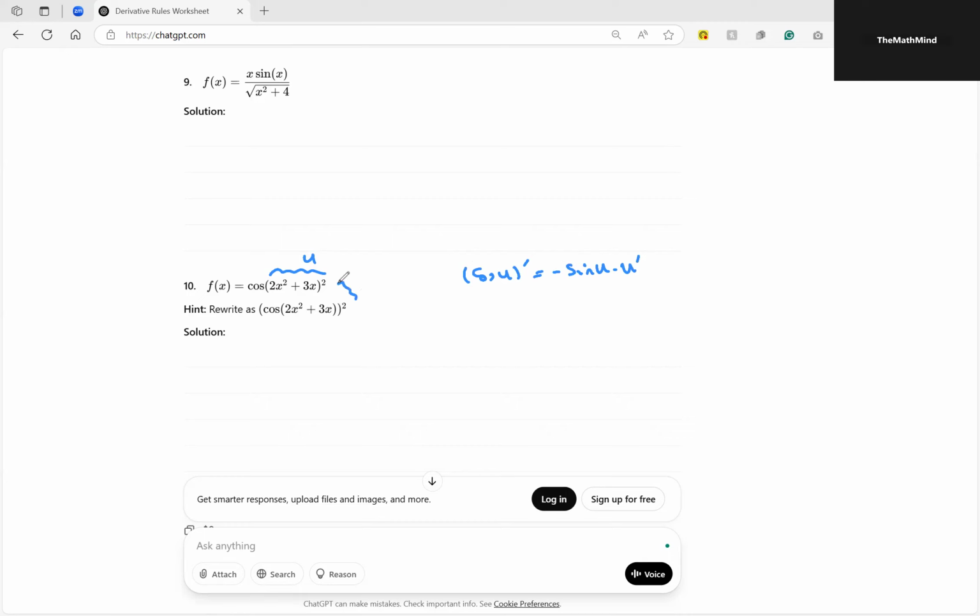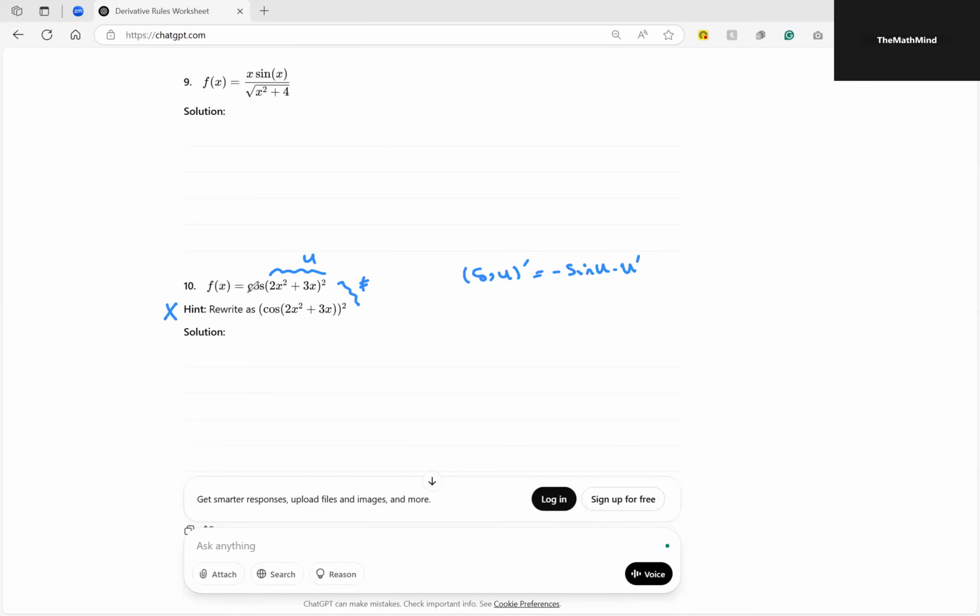I don't think these are the same. These are not equal because I see this exponent on the top of the bracket, not on cosine, and these are not equal. So to me, the hint here is wrong.